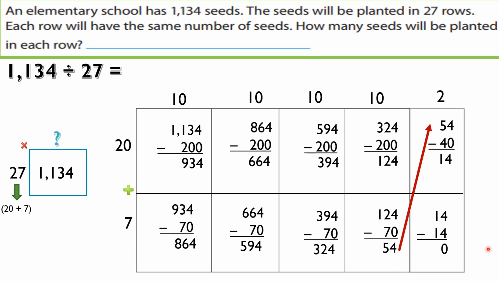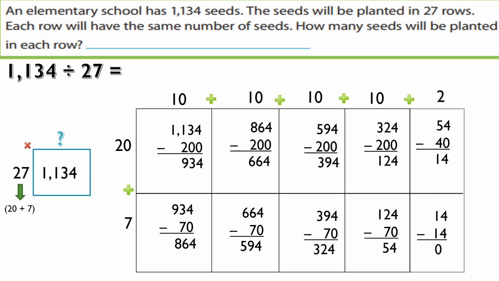So that means we need to find out what is the sum of our partial quotients that we have here. So our next step will be that we are going to be adding 10 plus 10, which is 20, plus 10, 30, plus 10, 40, plus 2, 42. So we have 42 as our quotient. So these partial quotients here give us our total quotient there.